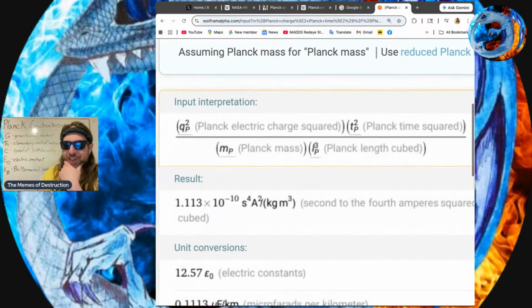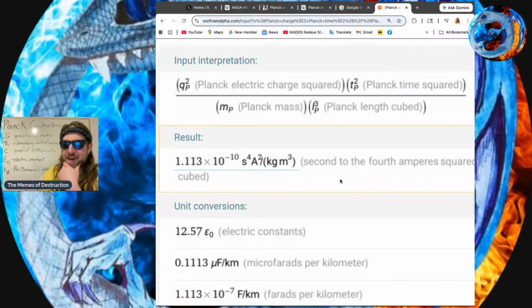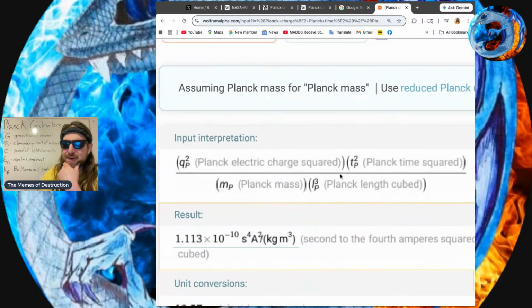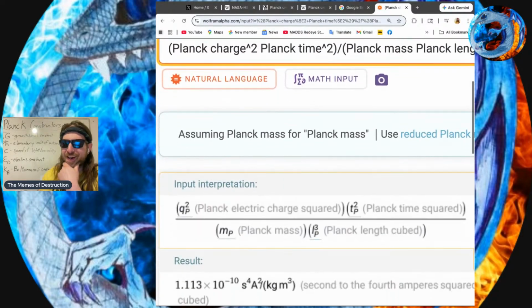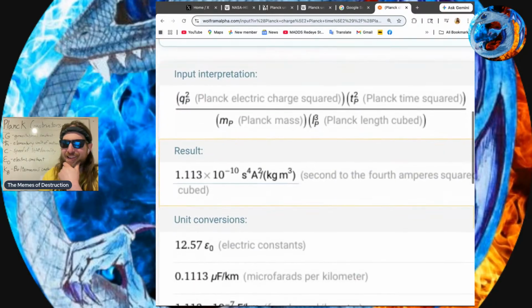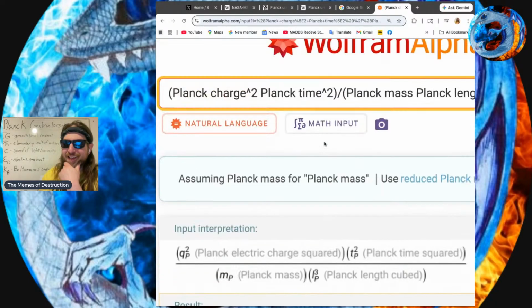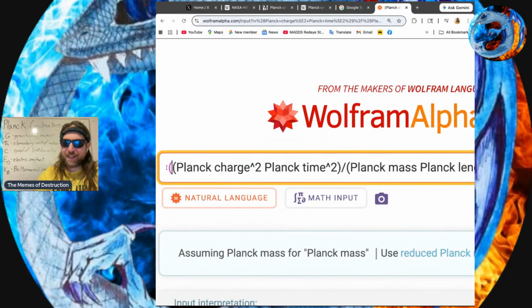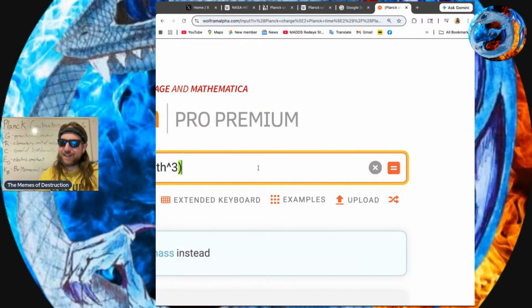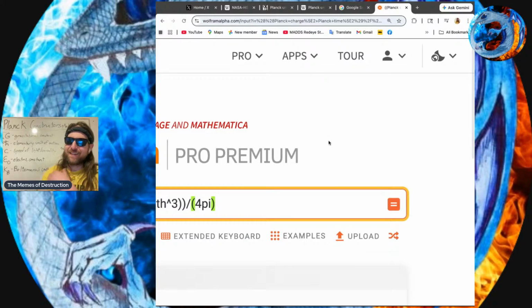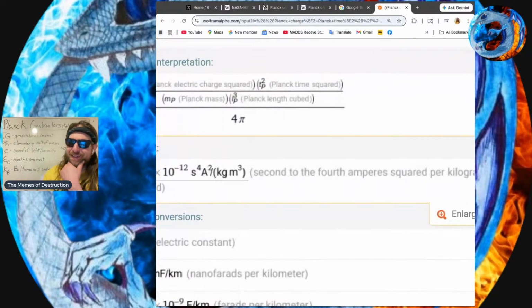Oh. Wait, because, oh. Yeah, divide by 4 pi. So it's a dimensionless number to get us to the electric constant.